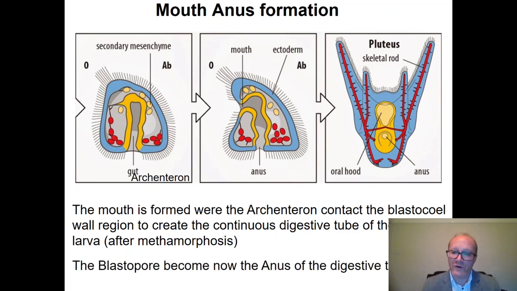And what you can see in the Pluteus larva quite clearly, apart from the cilia, is the anus opening, in this picture here, which basically is the original blastopore. And the mouth opening here, formed by the archenteron fusing with the blastocoel, is now forming the oral cavity of the Pluteus larva.